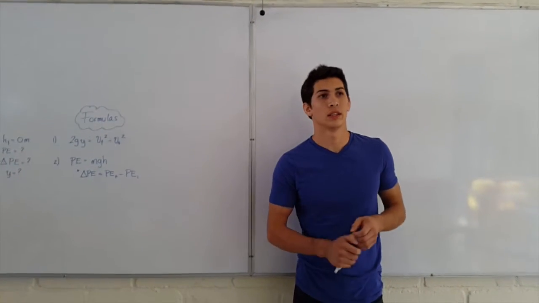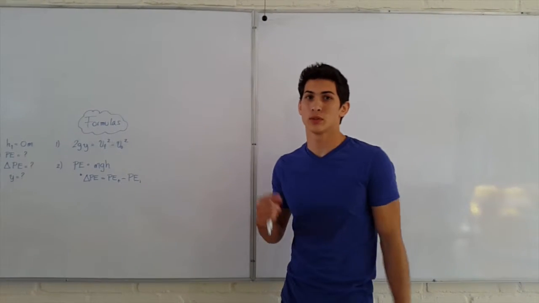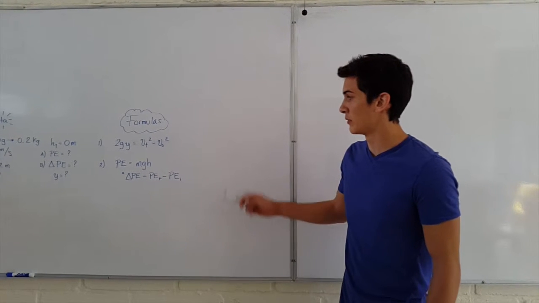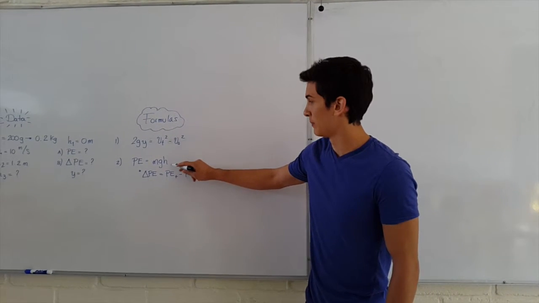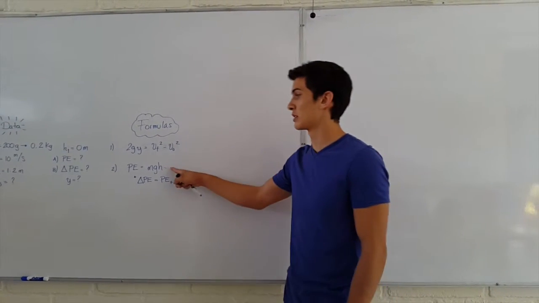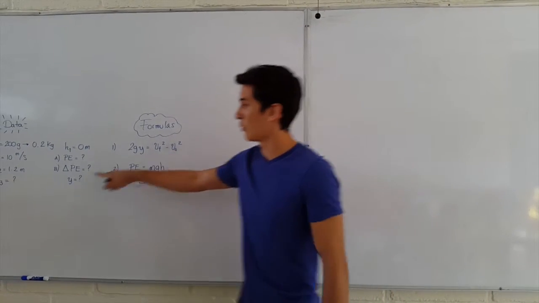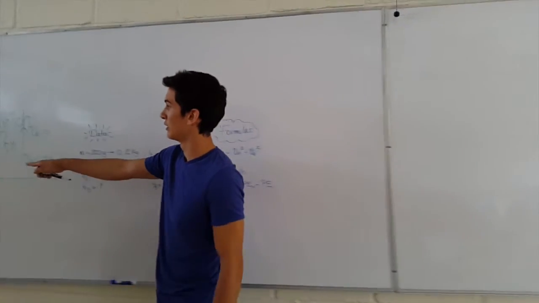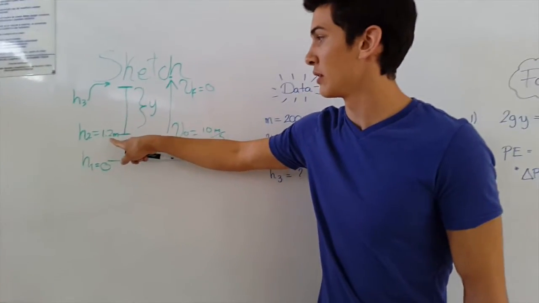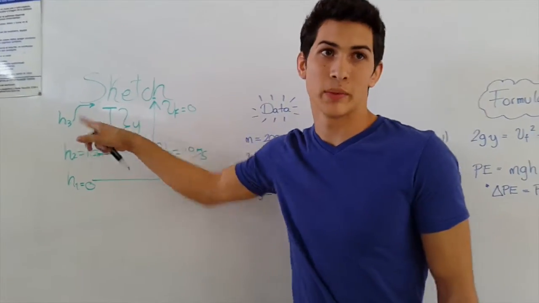First, we will answer the potential energy of the stone at its maximum height relative to the ground. So, we will use this formula. But before, we need to find the maximum height. To find that, we need to find y. In this case, y is only this distance, and we were given 1.2 meters. So, height 2 plus y will be the maximum height.